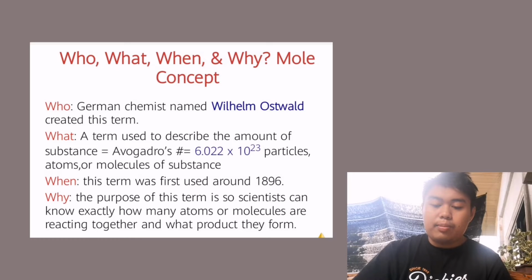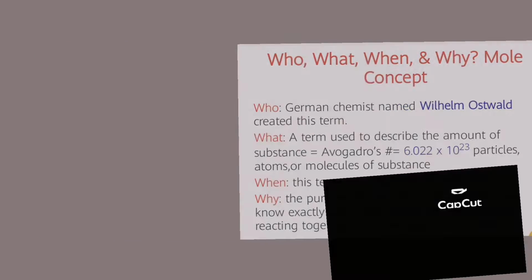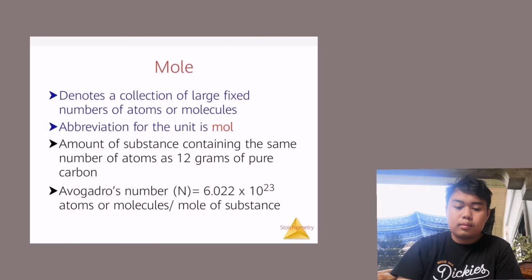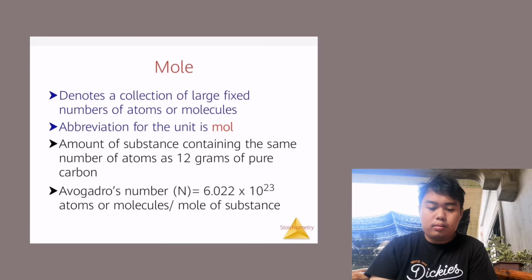Why? The purpose of this term is so scientists can know exactly how many atoms or molecules are reacting together and what product they form. Mole denotes a collection of a large fixed number of atoms or molecules.